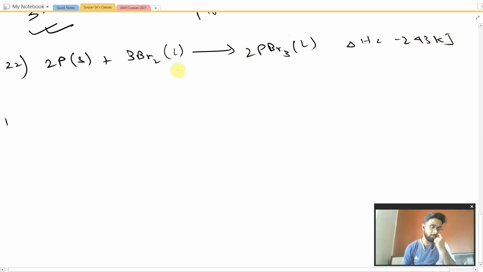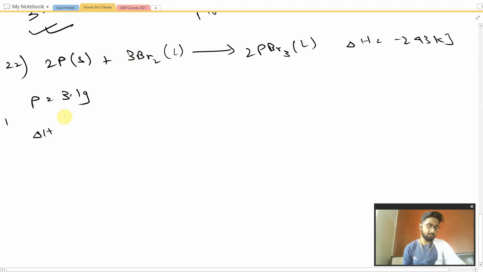In this reaction, the amount of phosphorus consumed is 3.1 gram. So obviously we have to calculate the enthalpy for this 3.1 gram of phosphorus.